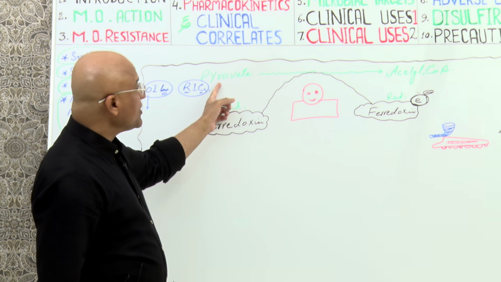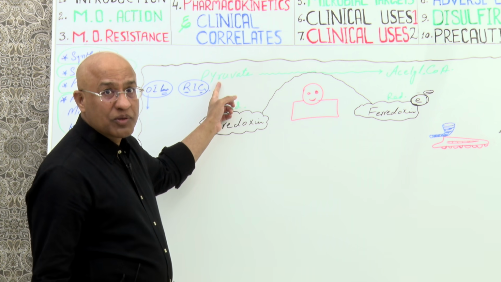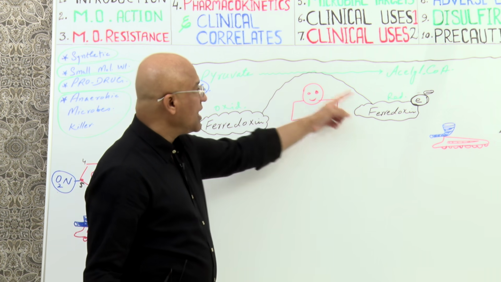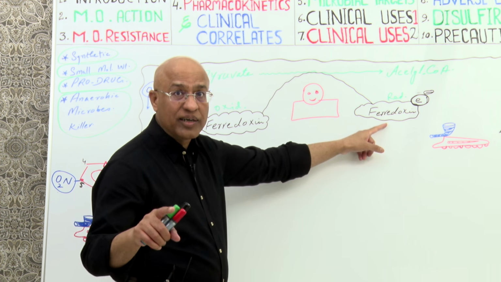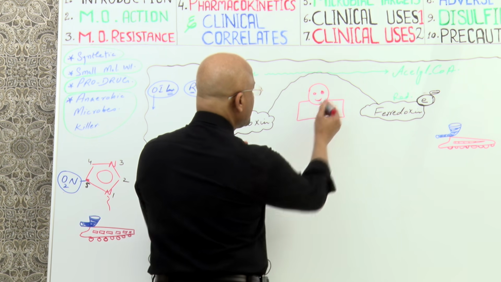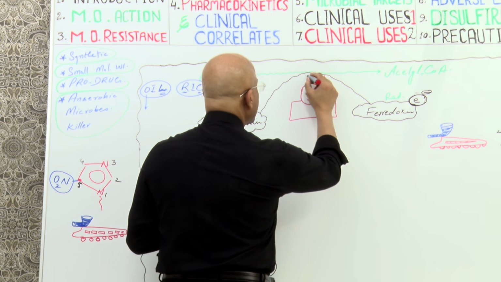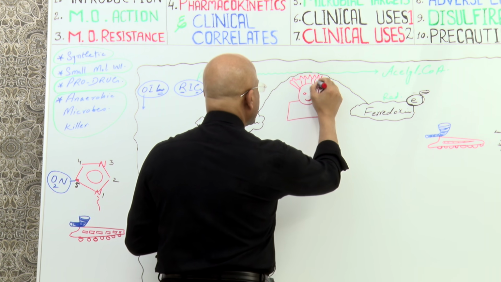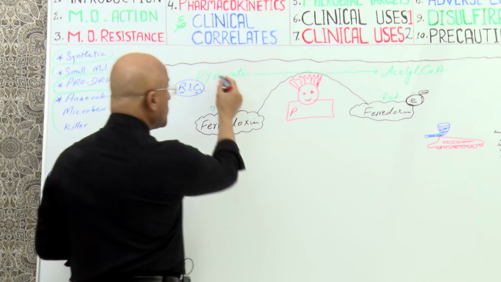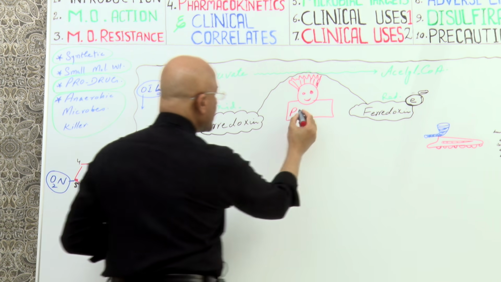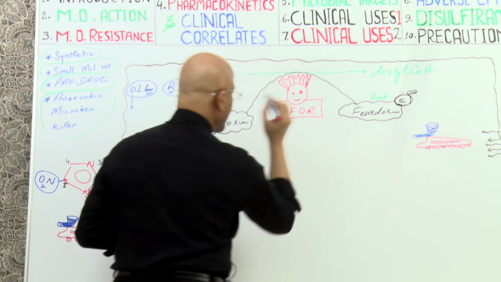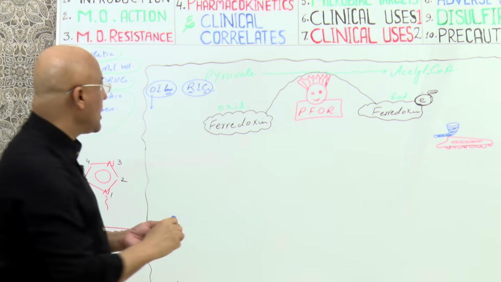So pyruvate is losing electrons to ferredoxin, and ferredoxin is electron loaded. This activity is done by an enzyme, and this enzyme is called pyruvate ferredoxin oxidoreductase. I will write it here.